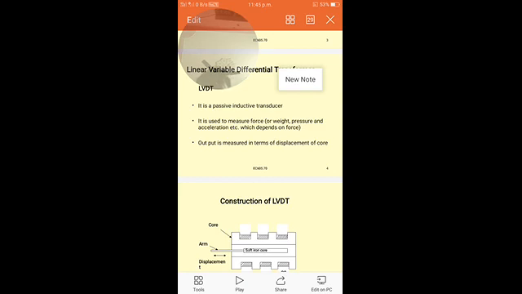It has a single primary winding with an external source of AC voltage connected to it. The two secondary windings are connected in series opposition.